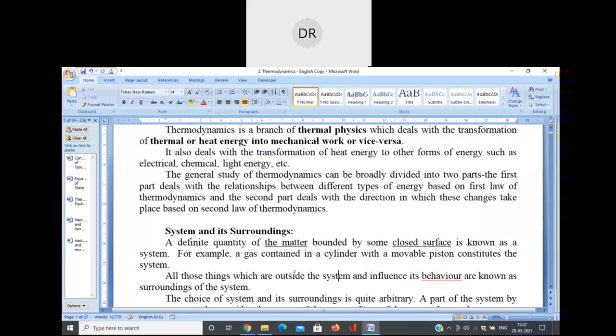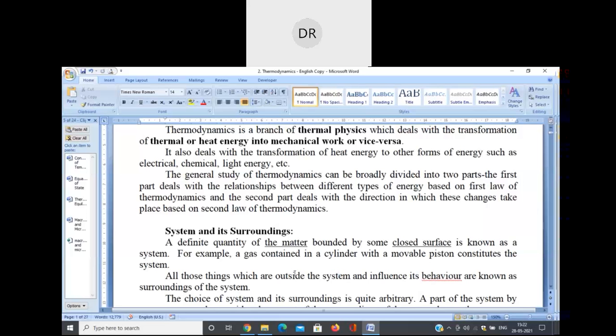The things which are near the system are called surroundings. For example, when we cook rice, the bowl and rice with water is treated as the system. The surroundings near the bowl, which affect the system, are called surroundings.